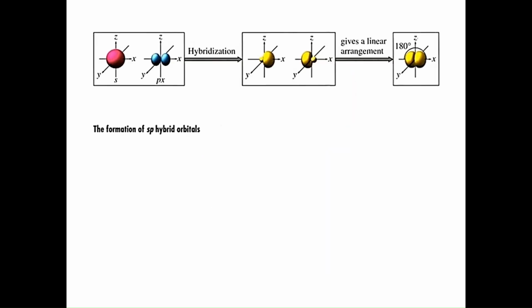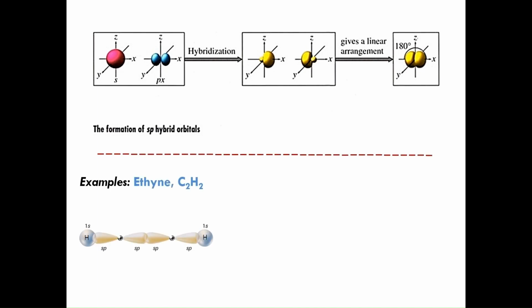This image shows the ground state orbitals before hybridization and the sp hybrid orbitals after hybridization. You can see by their orientation in space that when they're put together, they provide the linear arrangement for the molecule. The example we've been focusing on is ethyne, C2H2.